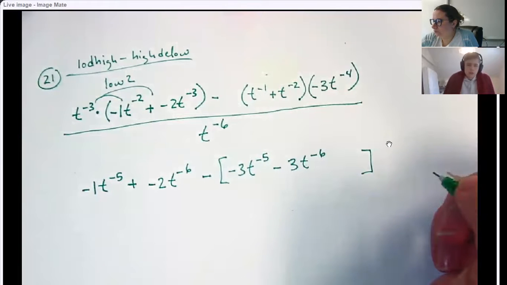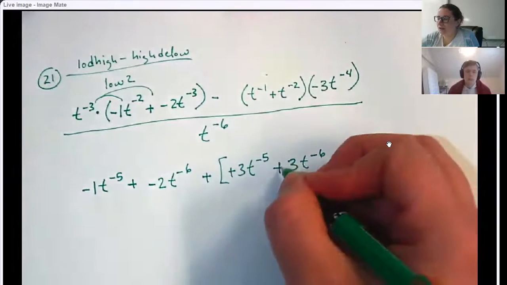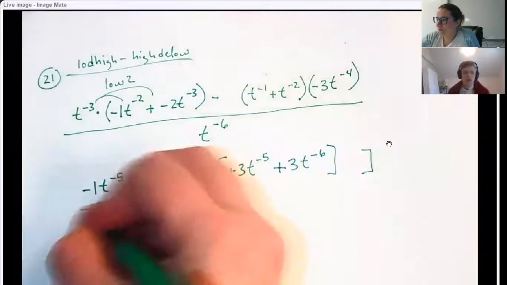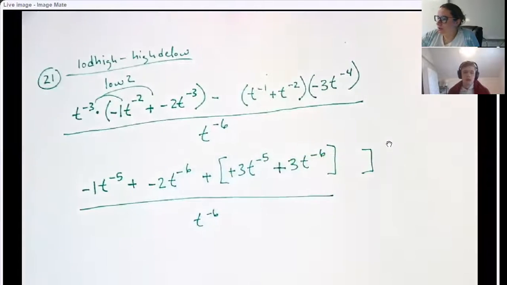Correct? Yeah, I think so. And since it's minus a minus, it'd be like plus for all of it, like you're distributing the minus, I guess. All divided by t to the negative 6th.